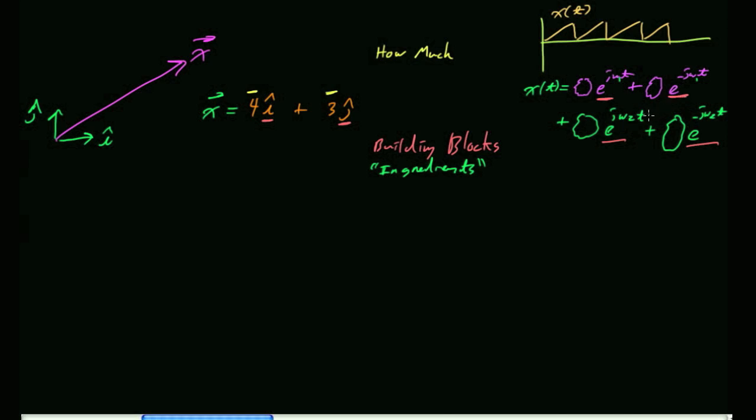So your question was, why cosines? And the answer is, you don't have to use cosines. There's all sorts of other applications where you can take x of t and rebuild it as a sum of other building blocks. There's this whole kind of analysis called wavelet analysis, right? Where you take x of t and instead of rebuilding it out of cosines, you rebuild it out of wavelets.